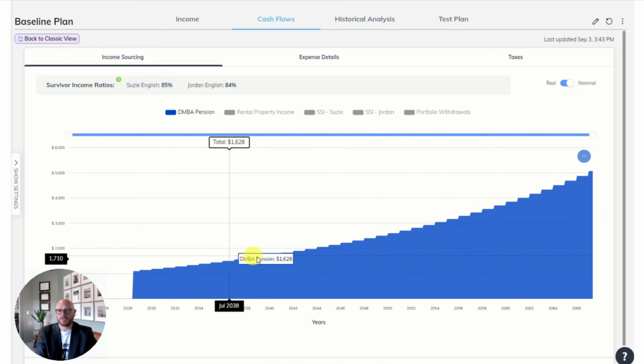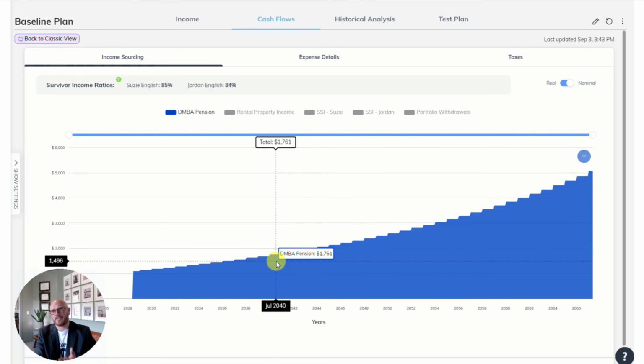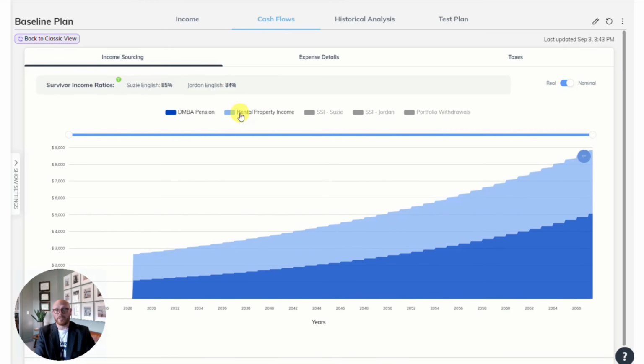You can see this little stair step. This just shows that over time, this is set to get cost of living adjustments, and BYU has a pretty interesting feature. It's actually a 4% cost of living adjustment. That's a little beside the point. Their second income source for retirement is their rental property, and they think that about $1,500 a month is realistic to pull from the rental property after all of the rental expenses and use that for retirement income.